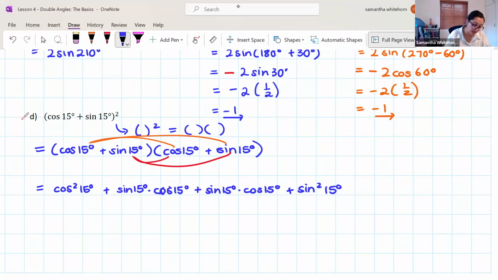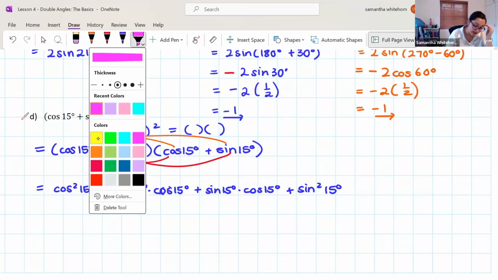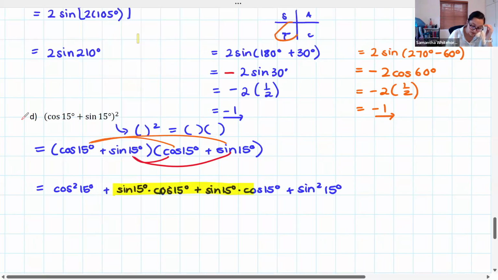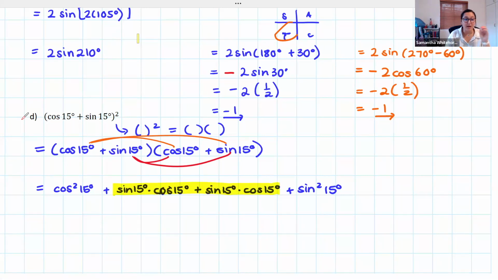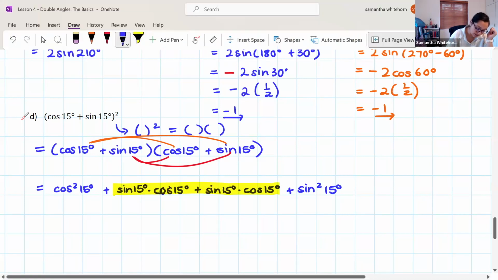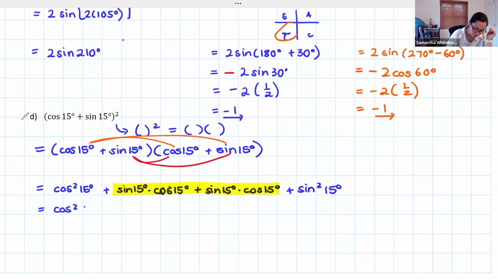Hopefully what you can see here is the fact that, and hopefully also what you remember from algebra, is that these middle terms are often going to be like terms. More likely than not, they're going to be like terms. When you're multiplying the same bracket twice, they will definitely be like terms. So when all said and done, we can simplify to cos squared 15 plus 2 sine 15 cos 15 plus sine squared 15.